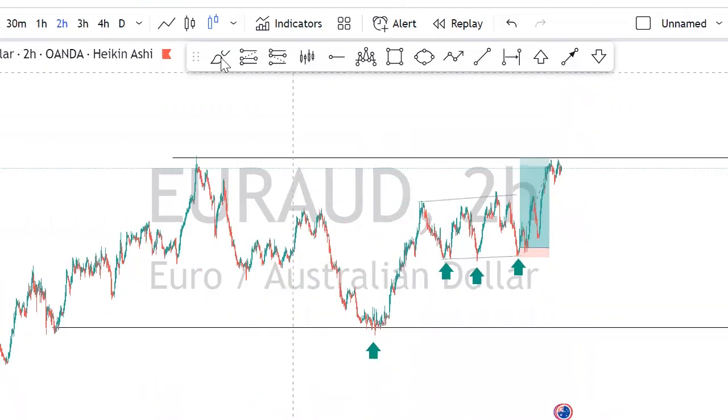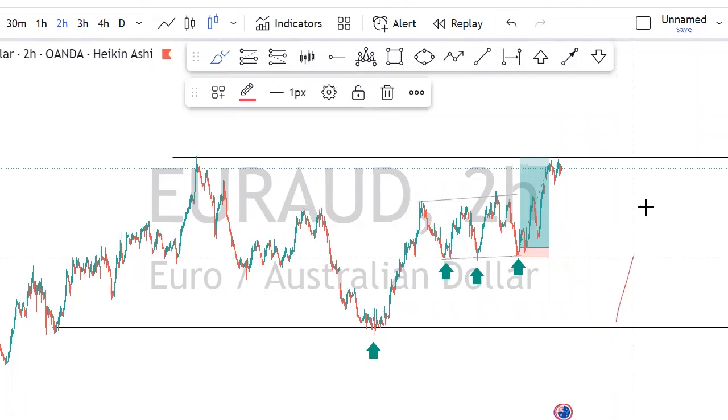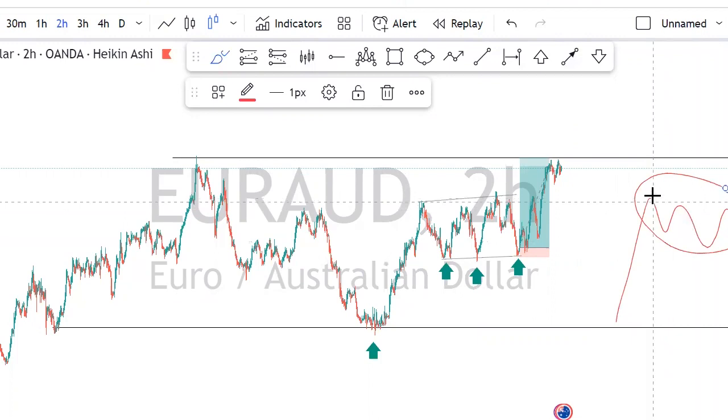And the core strengths of this setup is that we followed the simple method of identifying an impulse, which was followed by a correction, where we analyze this correction or corrective structure, anticipating which way it's gonna go. And in this case, it was a continuation, so we're looking for reasons to go to the upside.